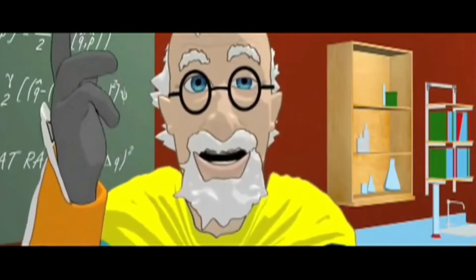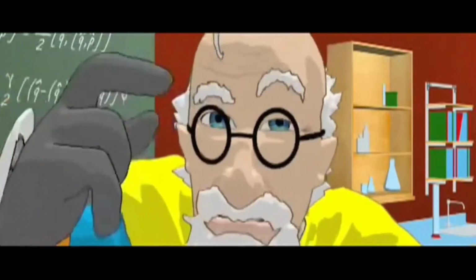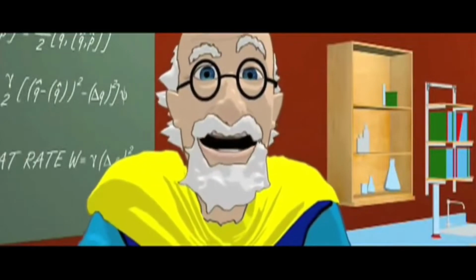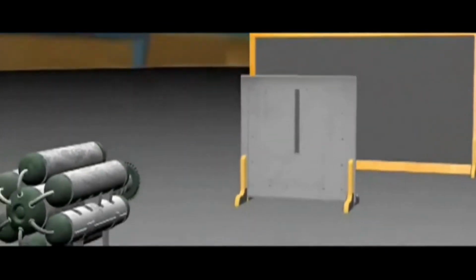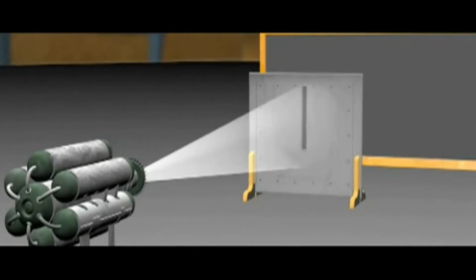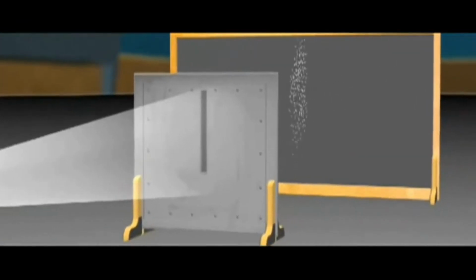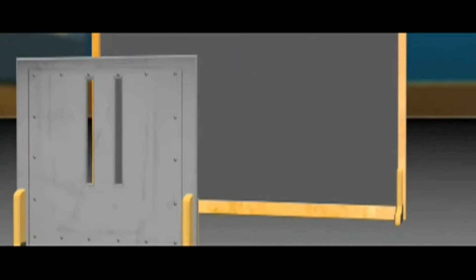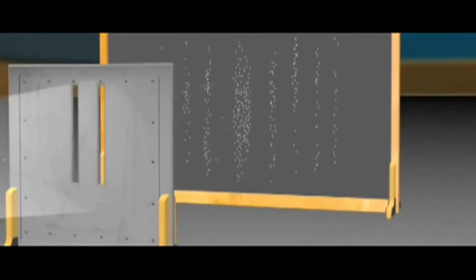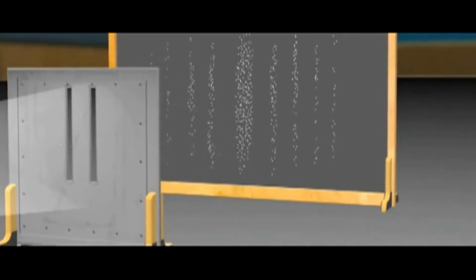An electron is a tiny, tiny bit of matter, like a tiny marble. Let's fire a stream through one slit. It behaves just like the marble, a single band. So, if we shoot these tiny bits through two slits, we should get, like the marbles, two bands.